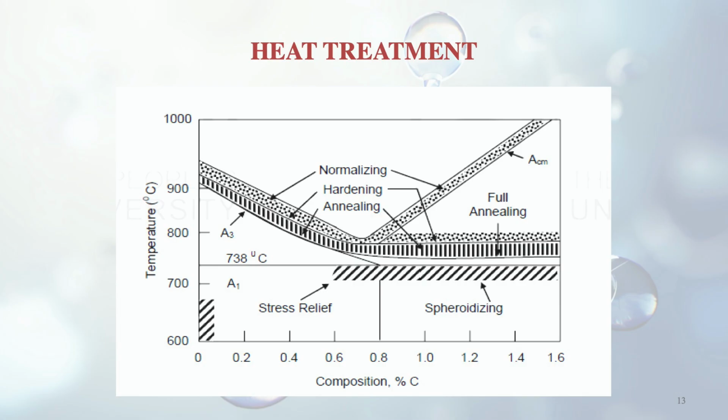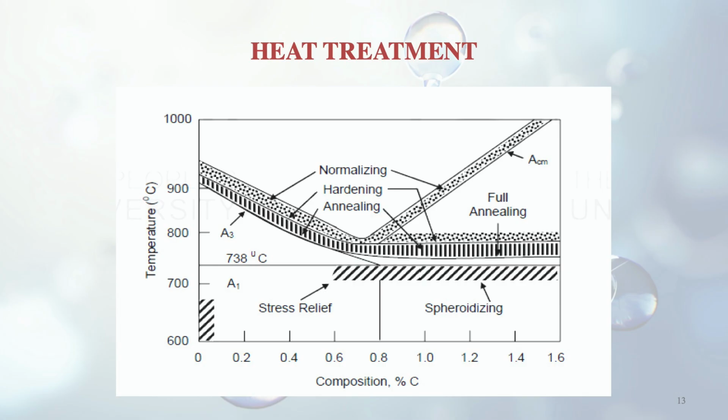If you see the left hand side where the temperature axis is, you can see 900 degrees centigrade. All of these three processes start near about this temperature. But the difference is that the normalizing temperature is somewhat higher than the annealing one. It follows the line A3 while cooling takes place, and this curve comes down to the eutectoid point, that is 0.8% carbon.